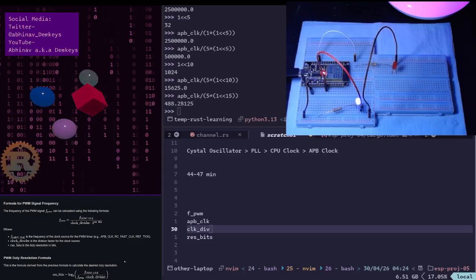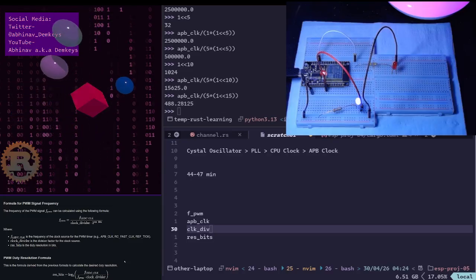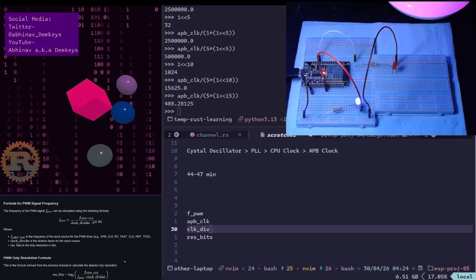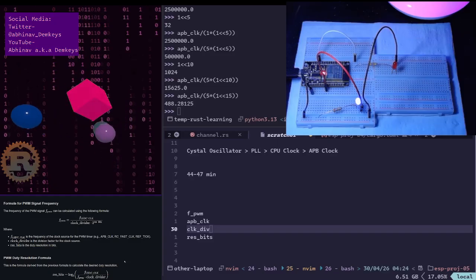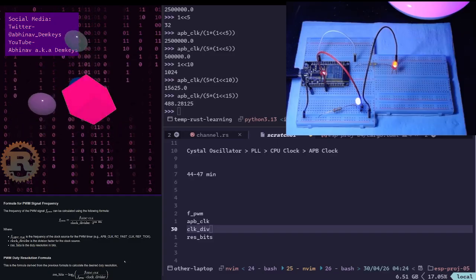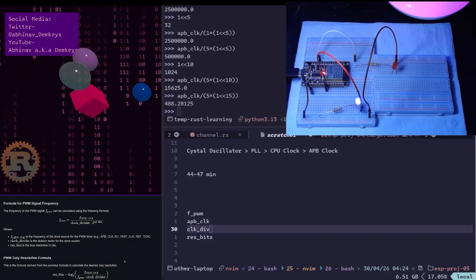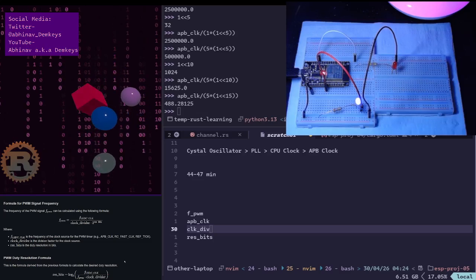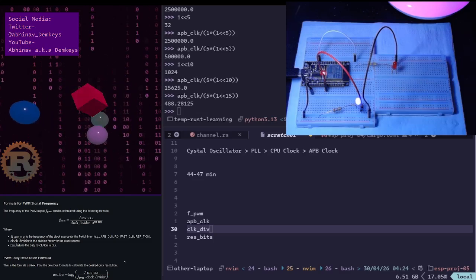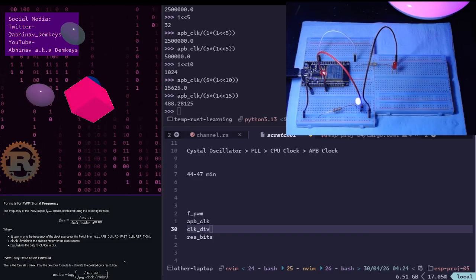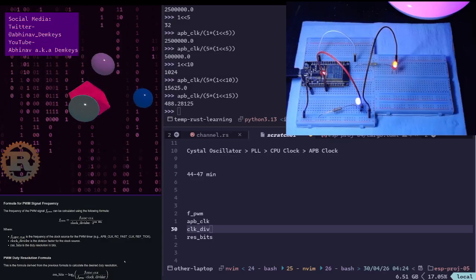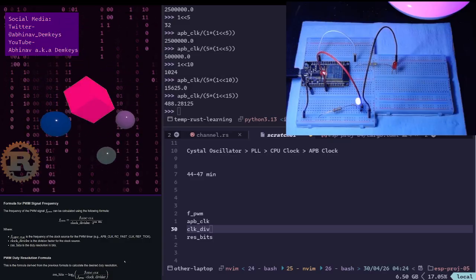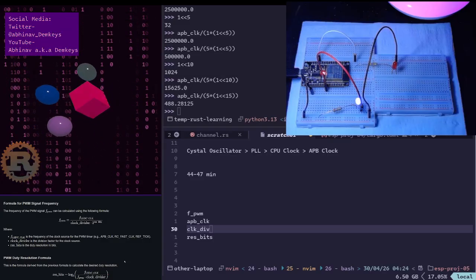That's better, so that fits within 1024. In order to make this 5 hertz frequency work, we need to give our counter a high enough resolution that the clock divider doesn't end up going more than 10 bits in size.